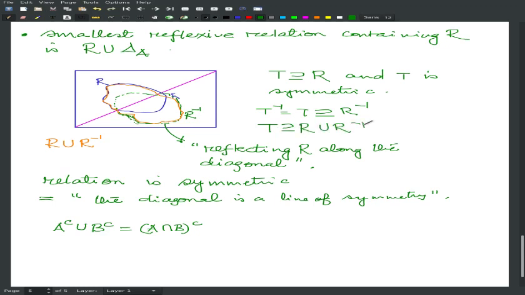And this is one fact which I didn't say now, but you can see it from this diagram that R union R inverse, the inverse of that is itself. So the inverse of this is R union R inverse. So this is symmetric, and this is the smallest symmetric one.